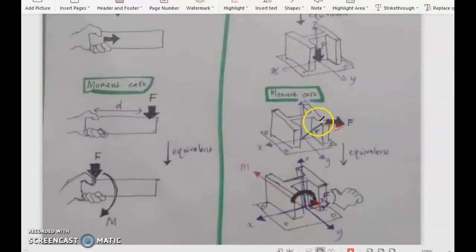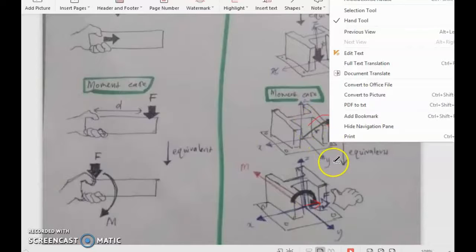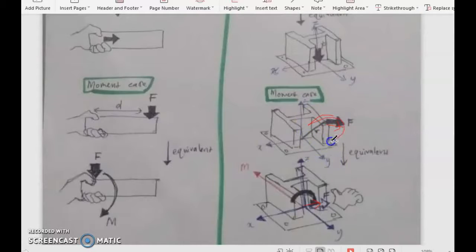So the moment here, the rotation is in this direction. Sorry, the moment was in this direction. So the whole body will have a tendency to rotate, but we can replace it within the body.